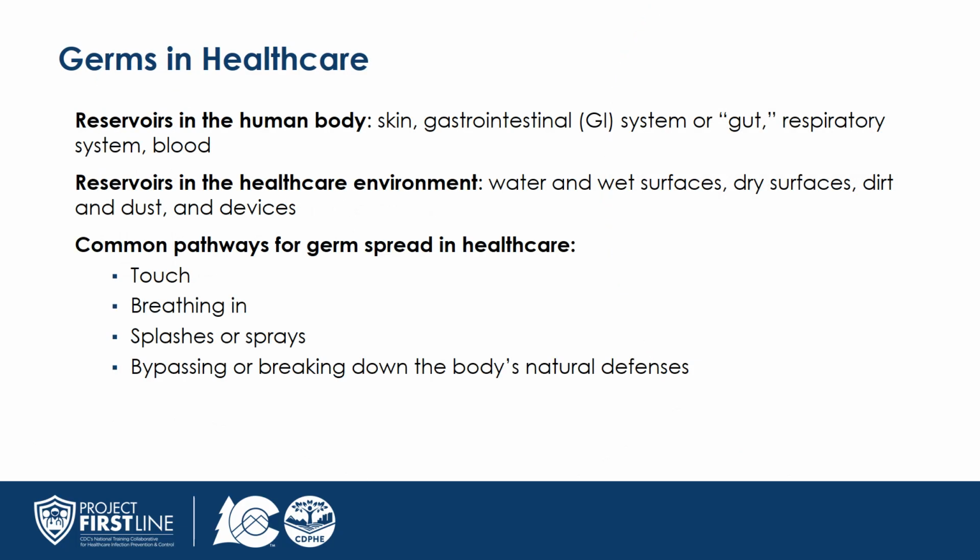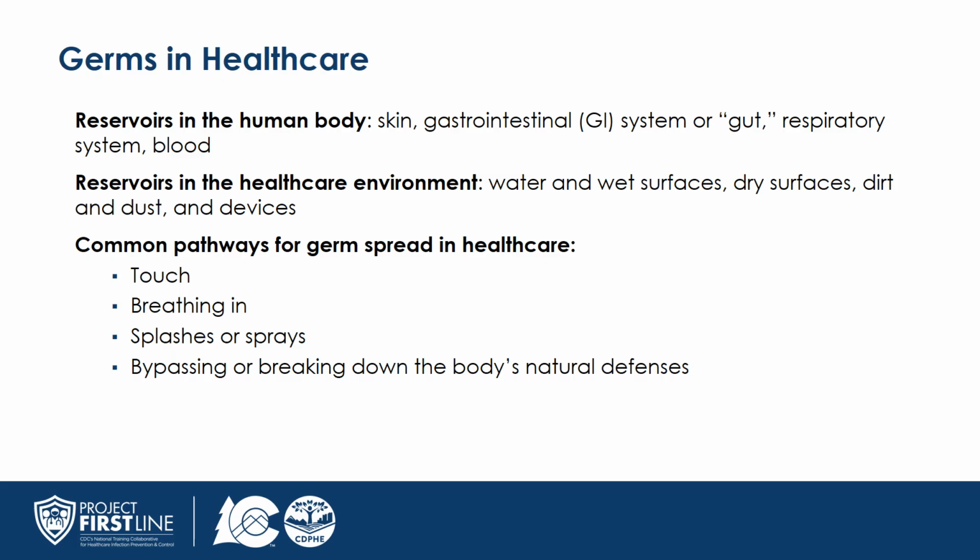In healthcare, we think about germ reservoirs in the human body and in the healthcare environment, which means we have body reservoirs and environment reservoirs. Body reservoirs, we have four main body reservoirs in a healthcare setting that are important for infection control.